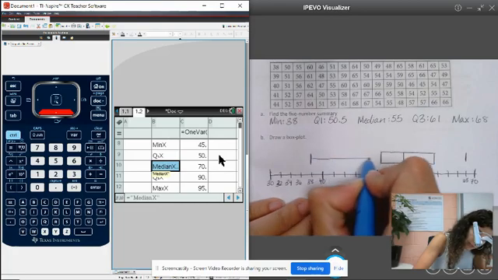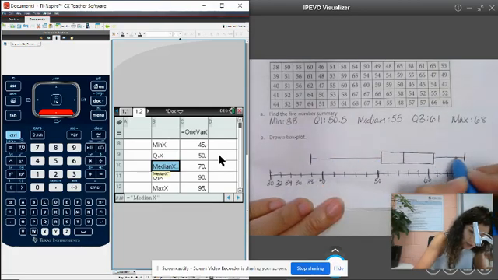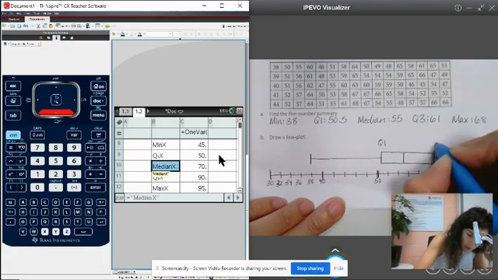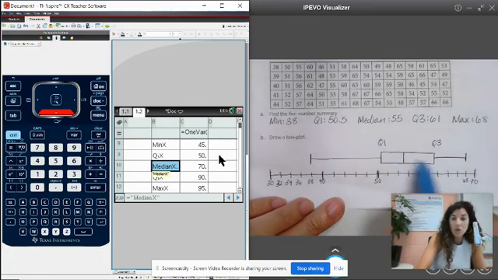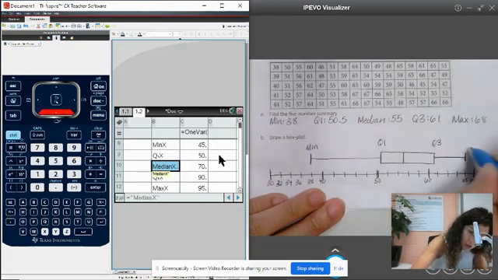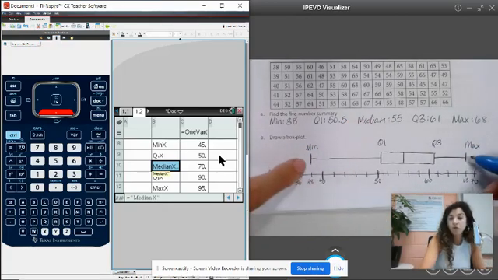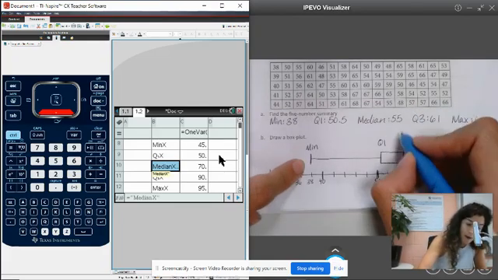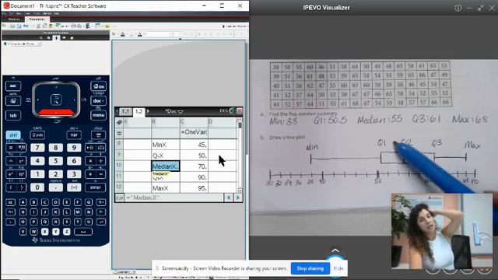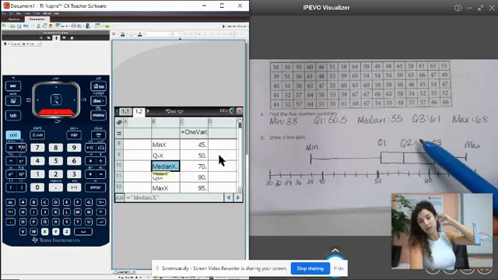Create a box from my interquartile range. This is quartile 1 to quartile 3. So this is your interquartile range, whereas from your minimum to your maximum is your full range. So finding those numbers from up above means that that's that information. And quartile 2 is your median.